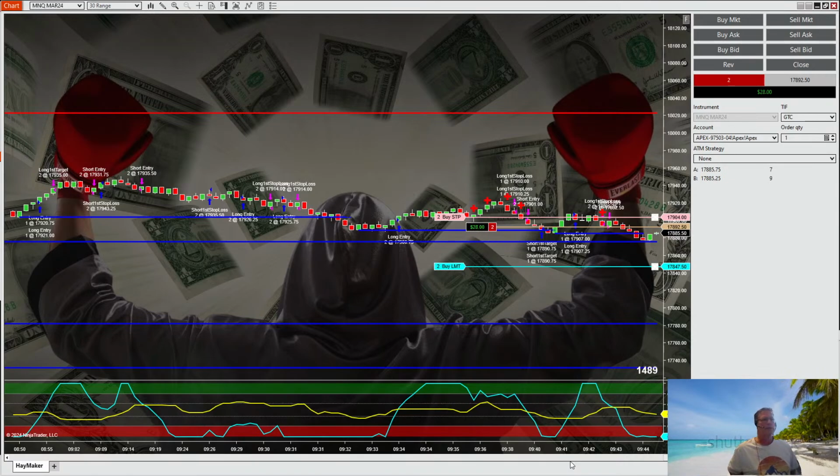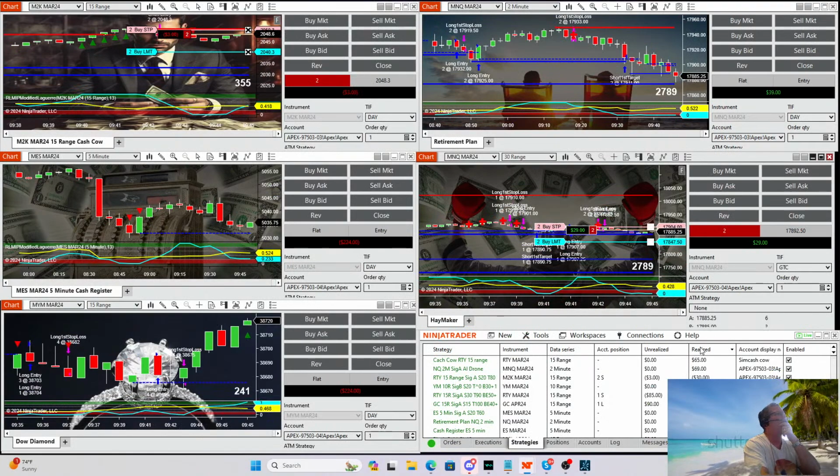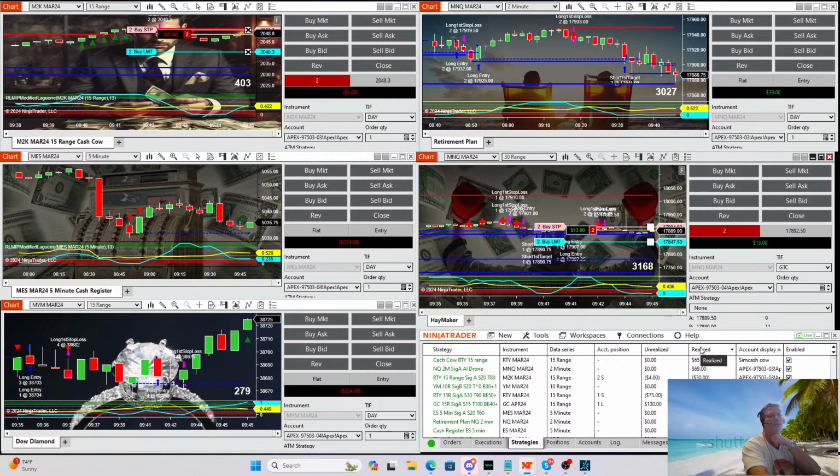Having trouble getting through there. Real heavy volume. Oh, the Russell retraced all the way back up. That's not good for me.